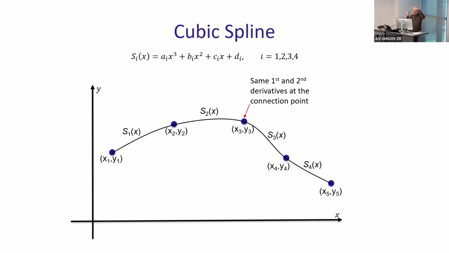2 equations say that they have the same connection point, and 2 additional equations are for the first derivative and second derivative for each one of them. They are equal, and all of them are linear equations, right? Because these coefficients in front are just numbers, and they multiply like 3a, 2b, 1c, it's still linear in a, b, c, okay?